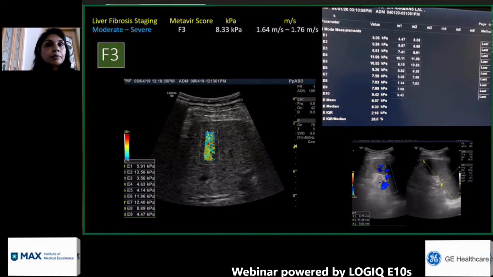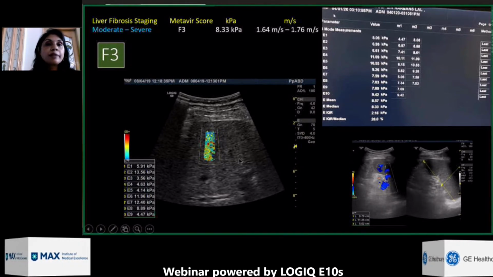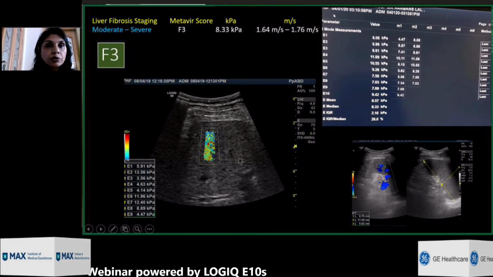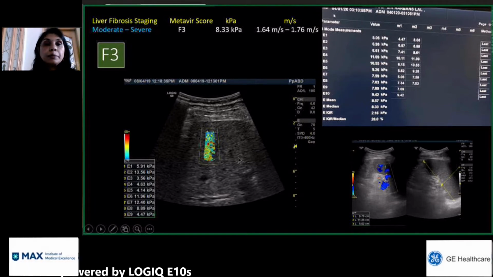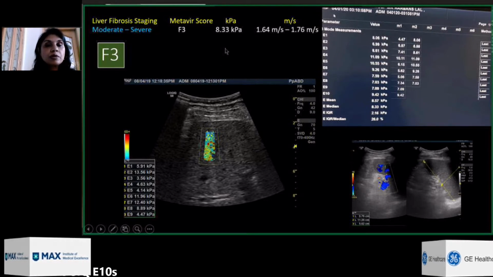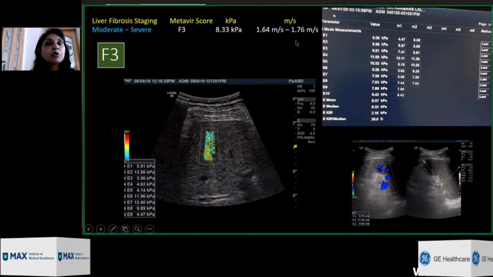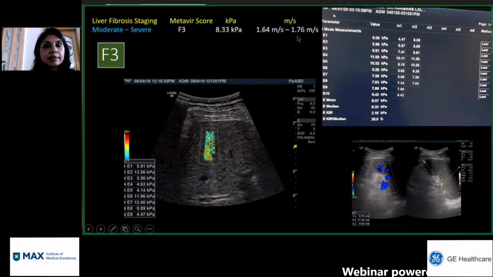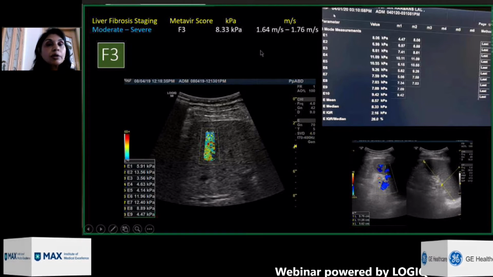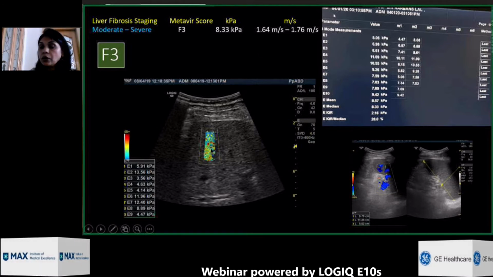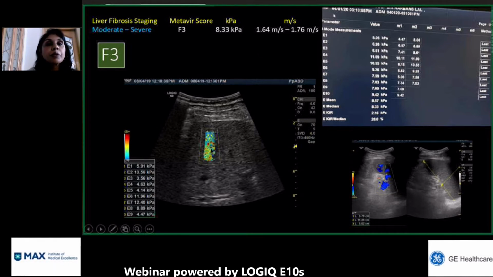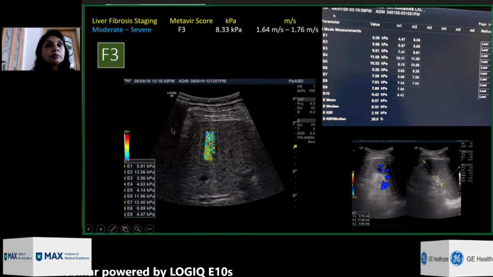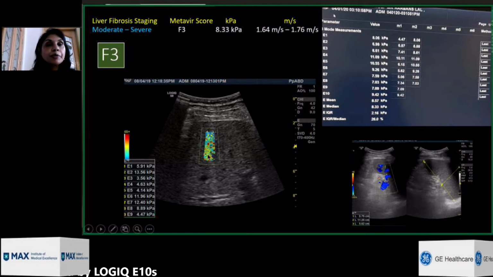Then yet another asymptomatic patient. This was an obese type 2 diabetic, and there was grade 3 NAFLD, which was given on an ultrasound here. Liver stiffness was falling in a median of 8.33, as you can see here. There was velocity 1.64 to 1.76, still staying less than 1.76. Centrally placed, we had all the data that we were taking here.